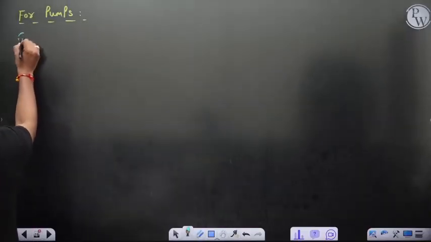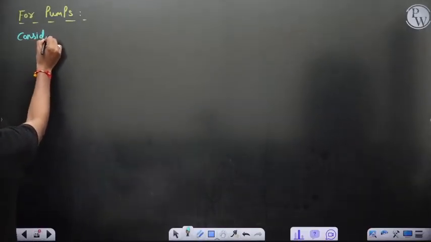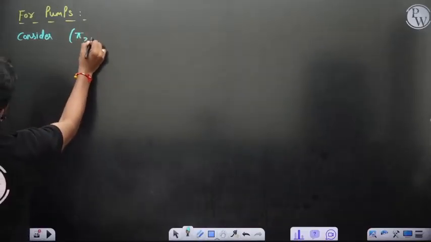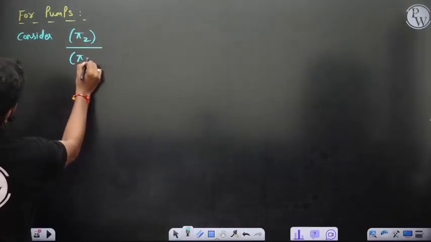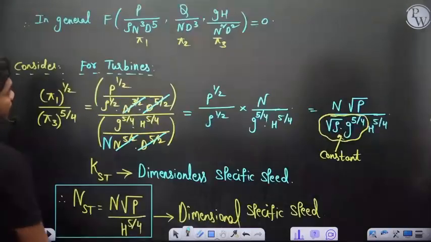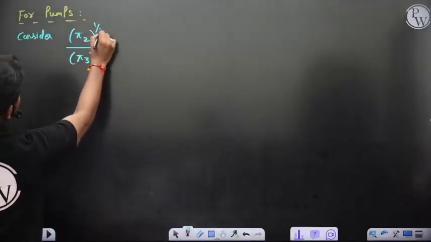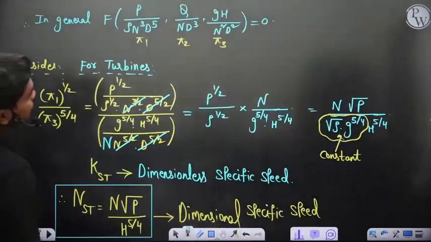So consider pi 2 and pi 3. Let us decide the powers. Power 1 by 2 to delete this diameter, and then if you do power 1 by 2, you have diameter power 3 by 2.